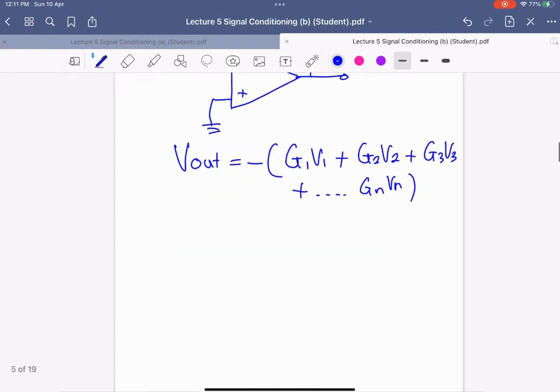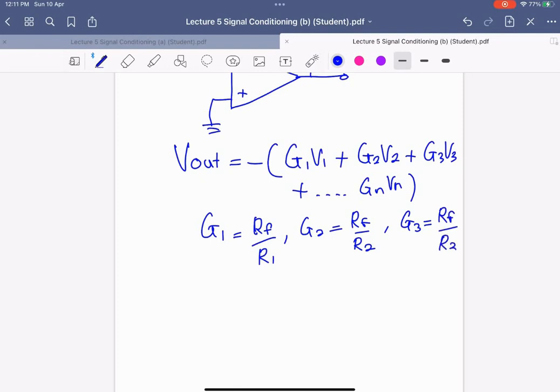What is meant by G1 is only RF divided by R1. G2 is RF divided by R2. G3 is RF divided by R3. And also you can have Gn, which is RF divided by Rn.